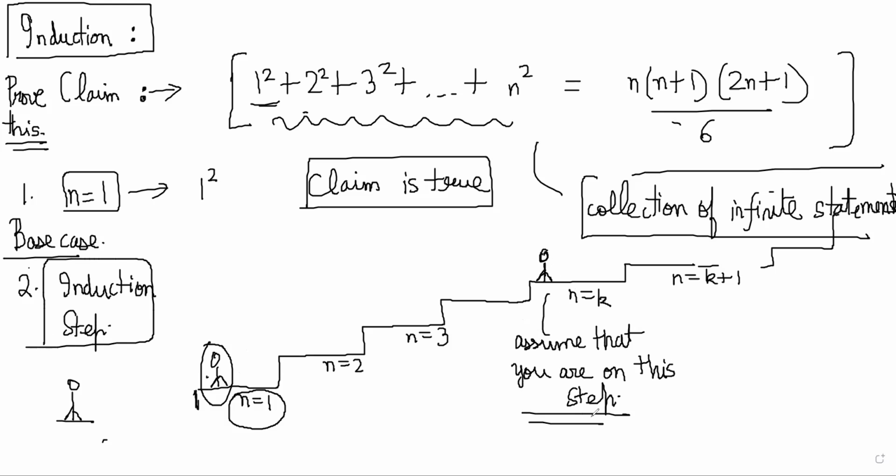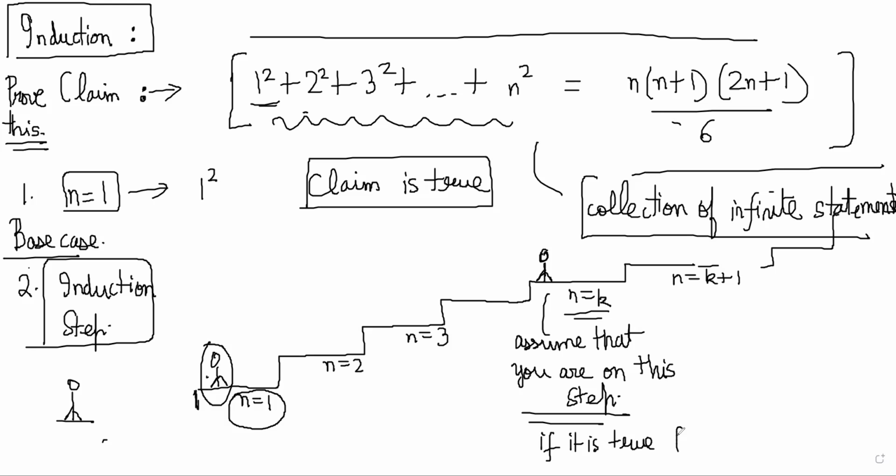You have reached this portion of the staircase means that the claim is true for n is equal to k, right? Now, if it is true for n is equal to k, can you go up to a higher step from here? That is the question. Can you take the next step and come up here, right?